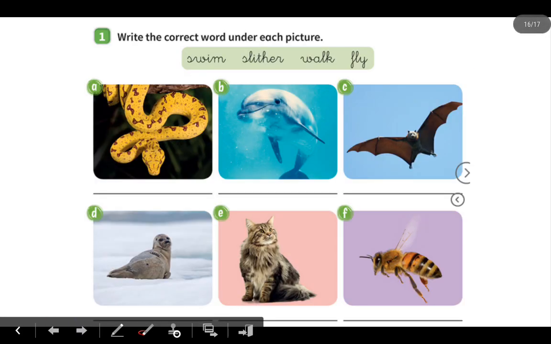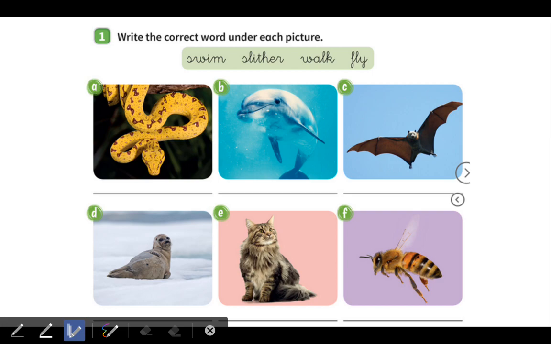Now let's go to the next page. And here you've got activity number 1. It says write the correct word under each picture. There are 4 words. Swim, slither, walk, and fly. And you've got to say the way they move.